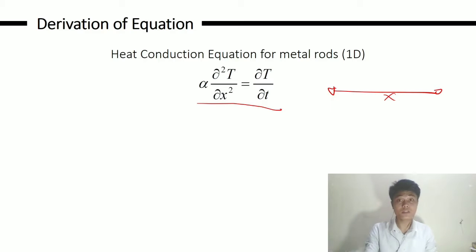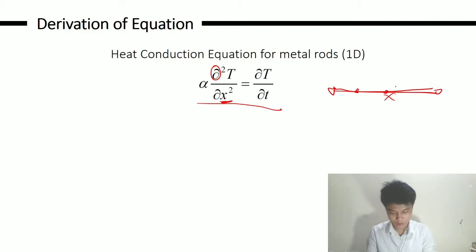So, partial differential equation is denoted by this, the del symbol. So, partial differential equation siya kasi derive natin siya in terms of dalawang variables. So, first variable nasa left ng equation is in terms of x, its distance. So, kung ito yung rod natin, define natin yung temperature ng nodes based on its position.